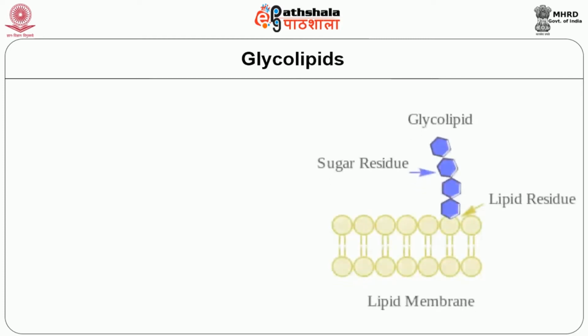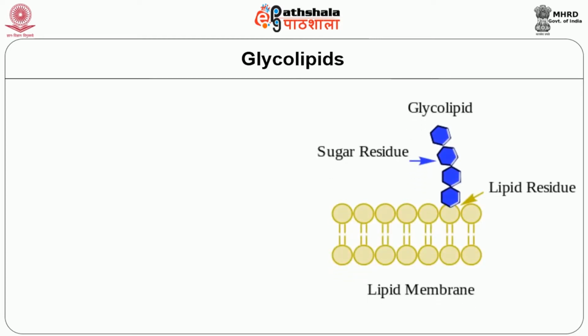Let me now take you to a very important class of lipids called glycolipids. As the name suggests, these are lipids that contain sugar residues. Glyco means sugar, and lipid denotes the lipid part. Glycolipids are again divided into two categories: sphingolipids and galactolipids.